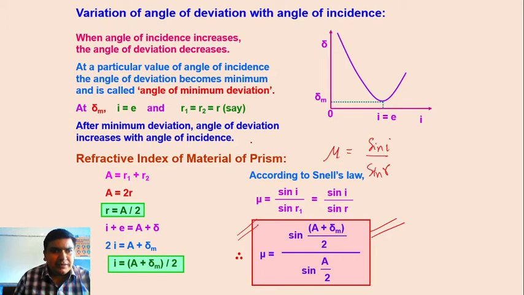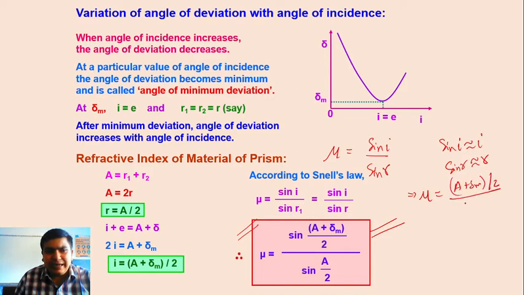This is a general formula, but suppose we consider it for a thin prism. In those cases, for a thin prism the angle is small, so sin I is nearly equal to I and sin R is nearly equal to R. So mu can be written as mu equals ((A plus delta m) by 2) by (A by 2).